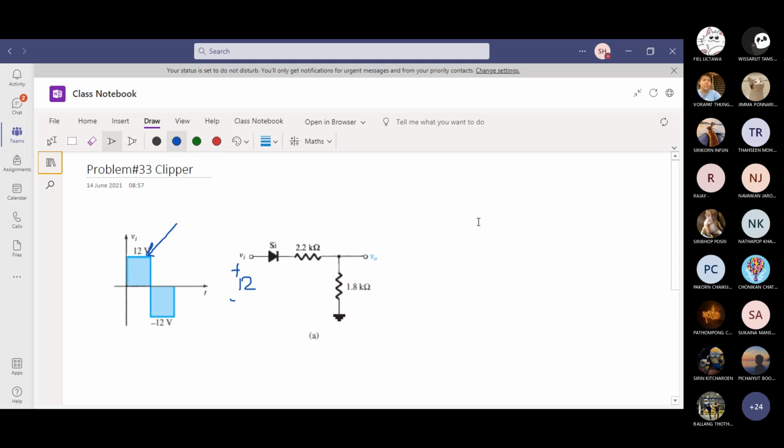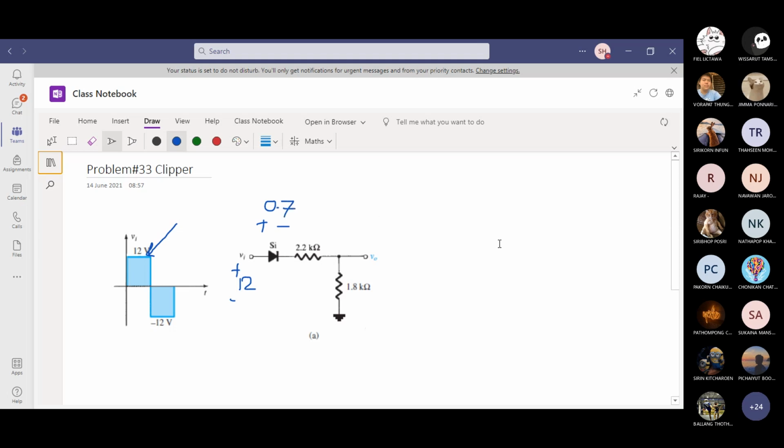When you look at the circuit for the positive half cycle, what is the status of the diode? Is it on or off? On, sir. The diode is on. As you can see, 12 volt comes directly to silicon. It needs only 0.7 volts to turn on. So it is on. Once the silicon is on, VD is 0.7 volt.